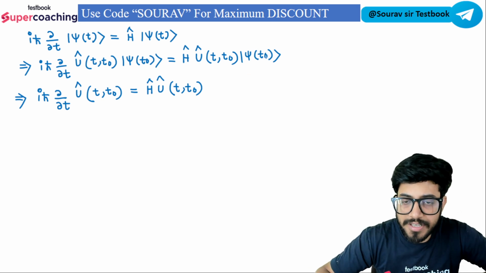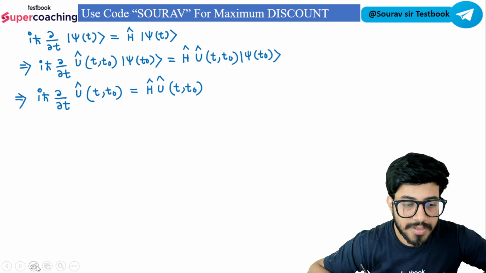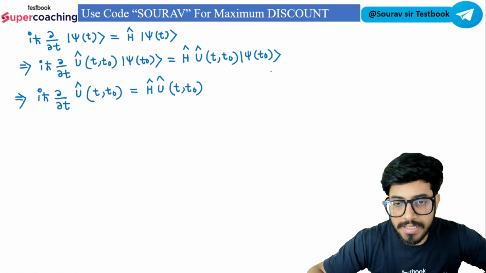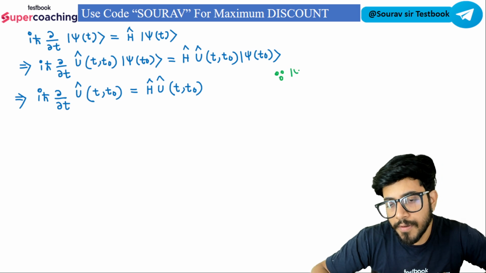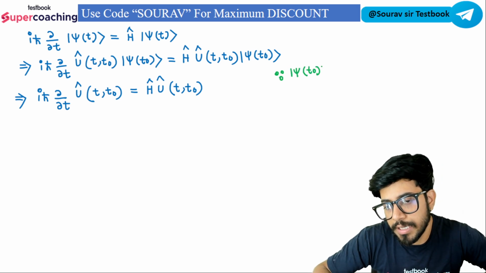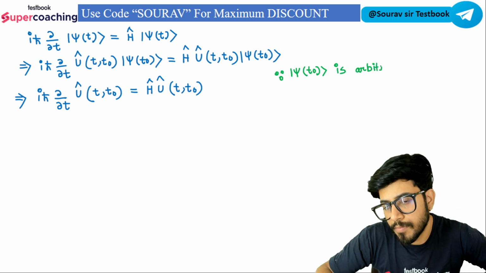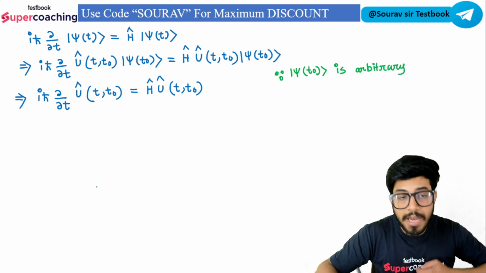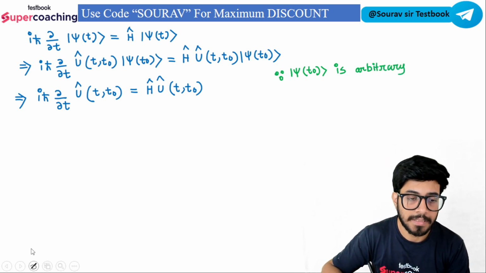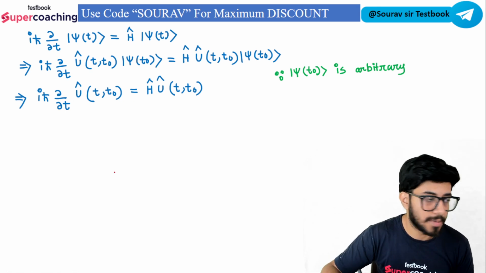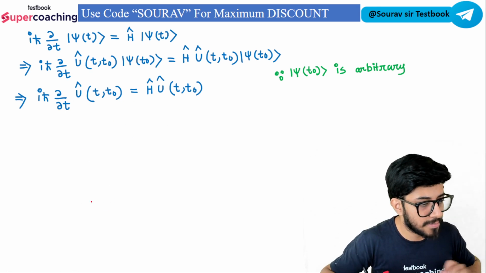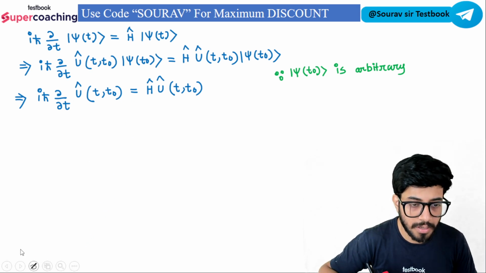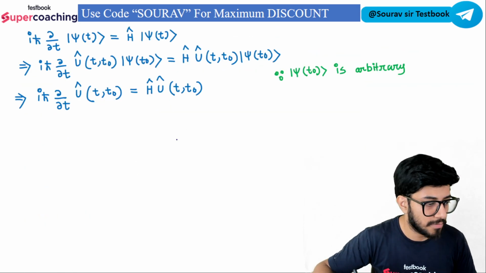Since psi of t0 is arbitrary, I'm naming this equation as equation number 3.